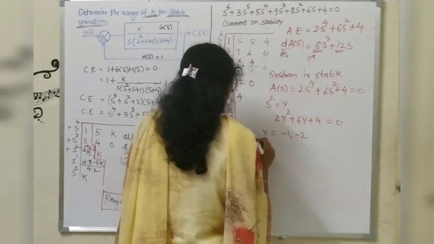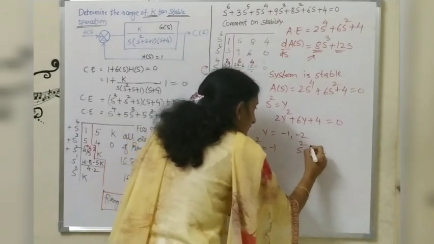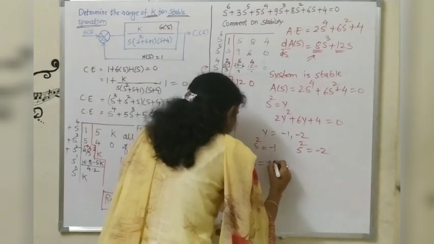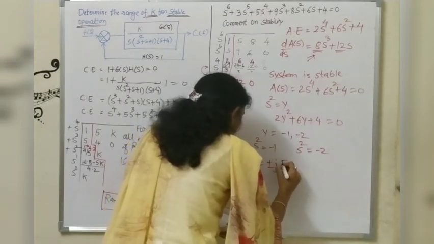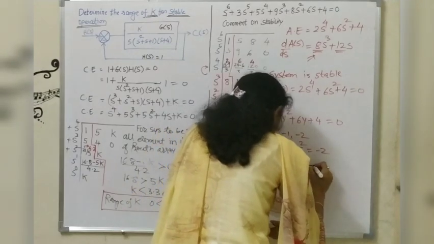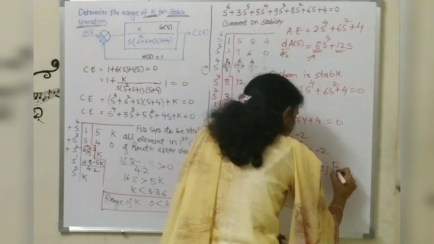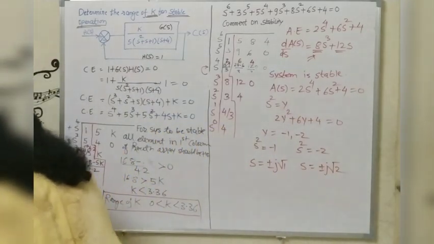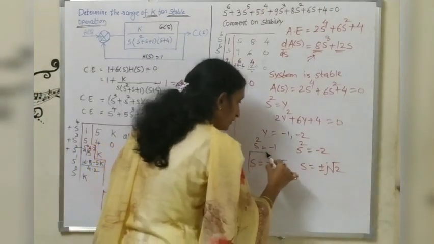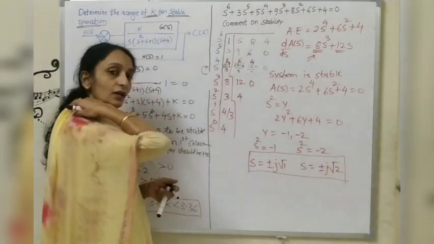Okay, so I know that s square is equal to minus 1 and second s square is equal to minus 2. So s I am getting plus minus square root of 1, that is plus minus j. Okay, and here I am getting s is equal to, this is actually minus 2, so plus minus j under root of 2. Okay, so see what actually I am getting here, I am getting the imaginary roots.